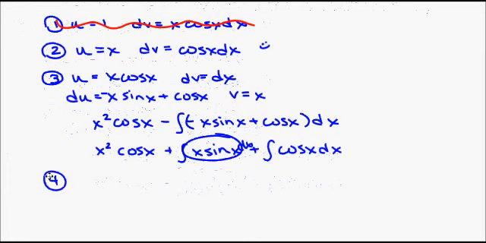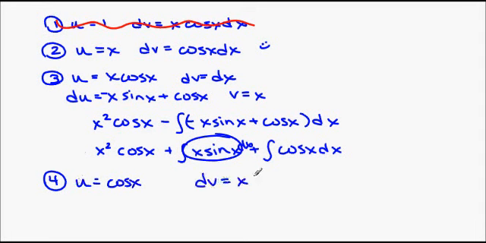Fourth possibility would be that u is just cosine x, and then dv would be x dx. So this would make du negative sine x dx, and v here would be 1/2 x squared.